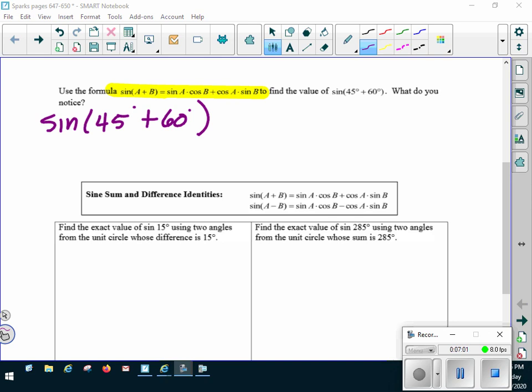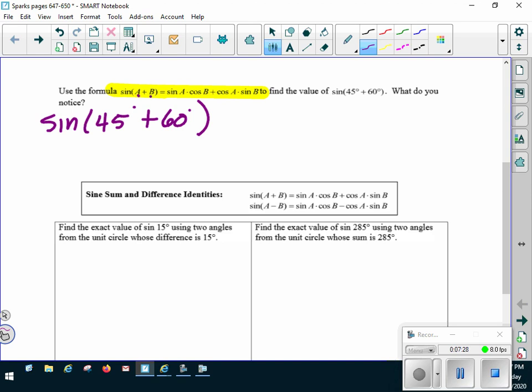However, we have a formula that we can use because we know 45 degrees and we know 60 degrees, and those are angles that you know about. So let's talk about the way for you to do this. What are we going to put everywhere we see an A? 45 degrees. And everywhere we see a B, what are we going to put? 60 degrees.